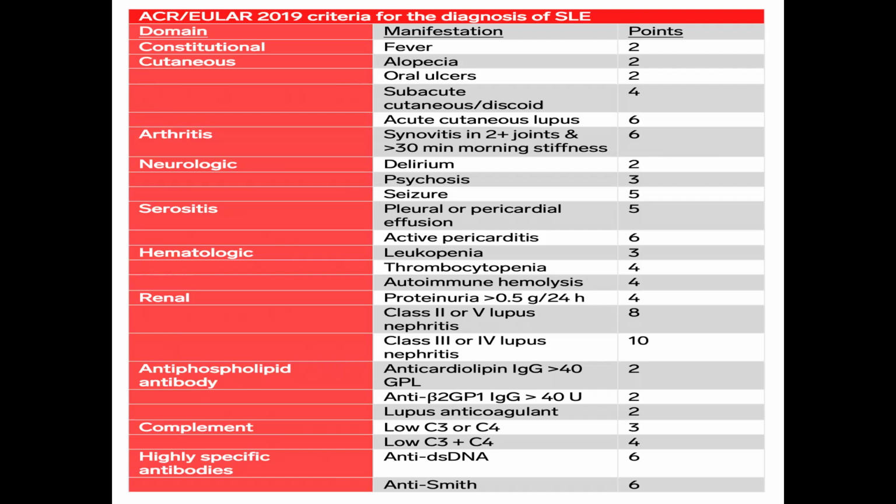Okay? The confirming test is the anti-dsDNA and the anti-Smith. So the screening test is the sensitive test, and the confirming test is the specific test. So again, screening for lupus is ANA. Confirming is anti-dsDNA and anti-Smith.